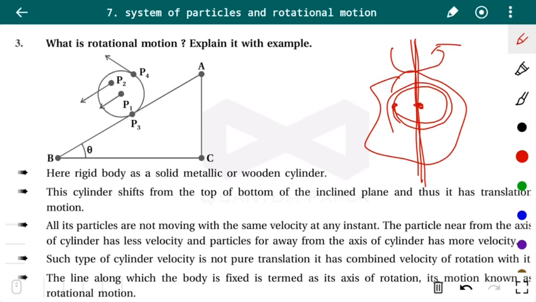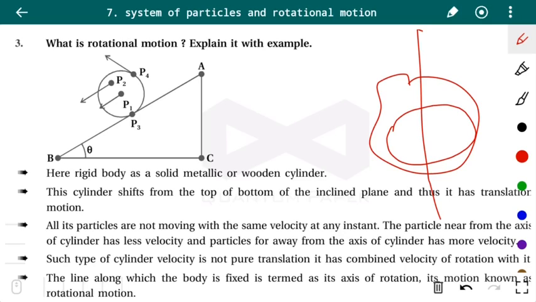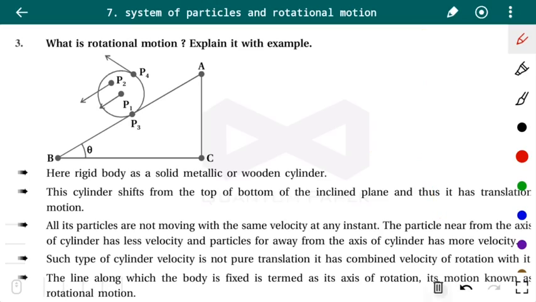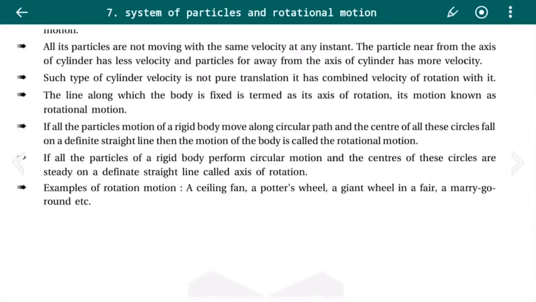In the same way, if we choose another particle over here, then with rotation this particle also rotates and makes a circular path while rotating. This circular path also has its center on the rotational axis. Then such motion is called the rotational motion.